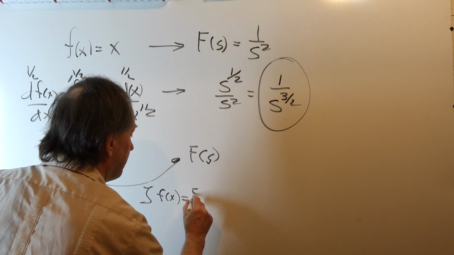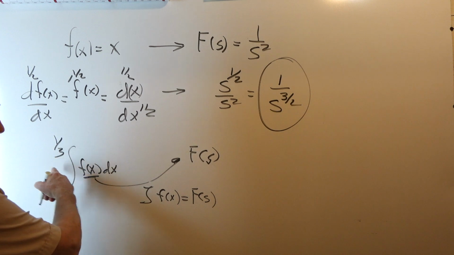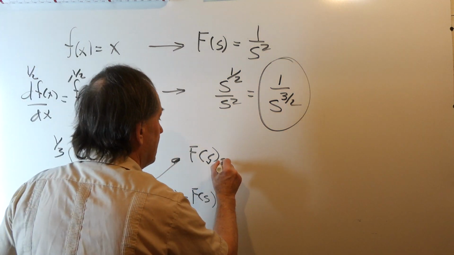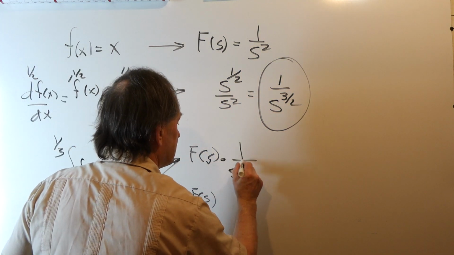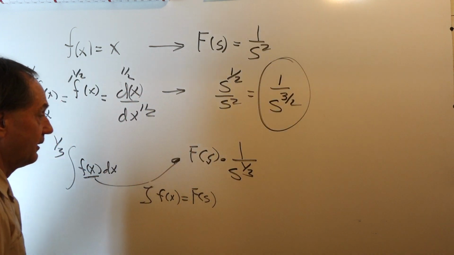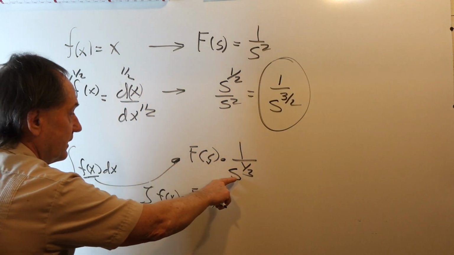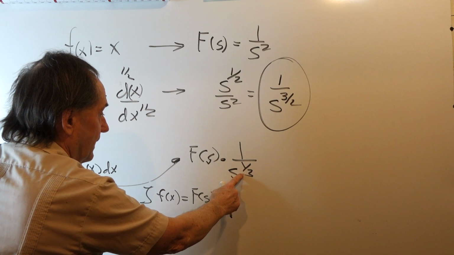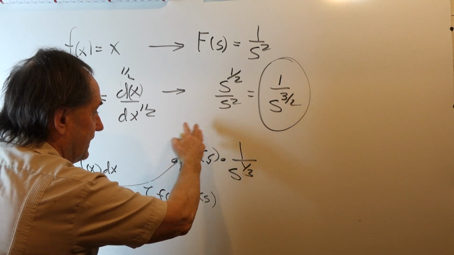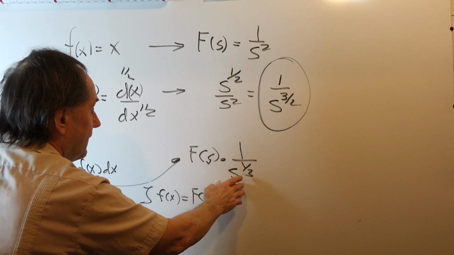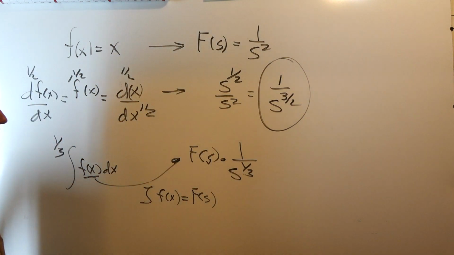We call that cap F of s. Then the integral will just be 1 over s to the 1/3 times that. We divide the function by s. Dividing a transform function by s is the same as integrating it.